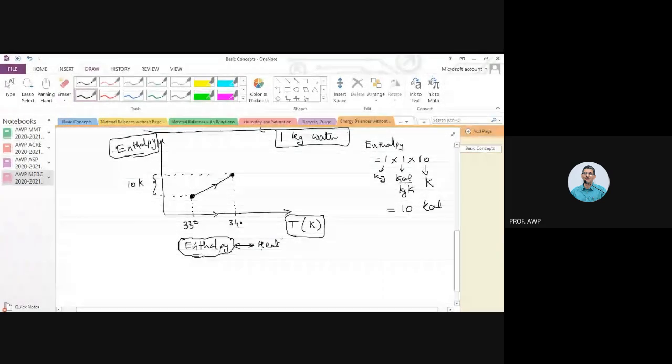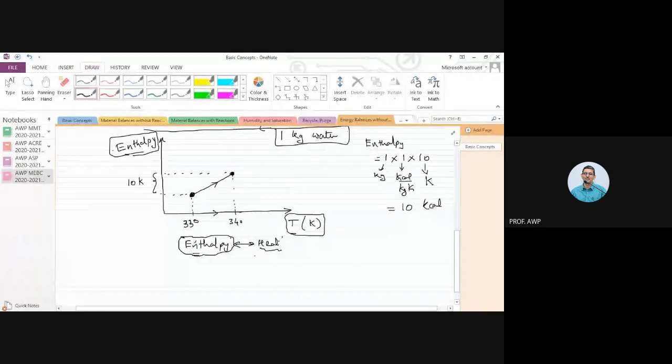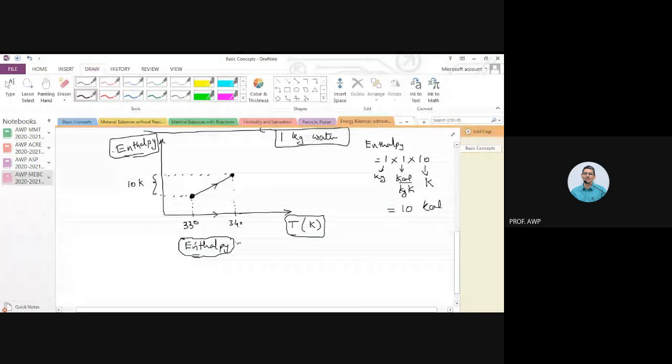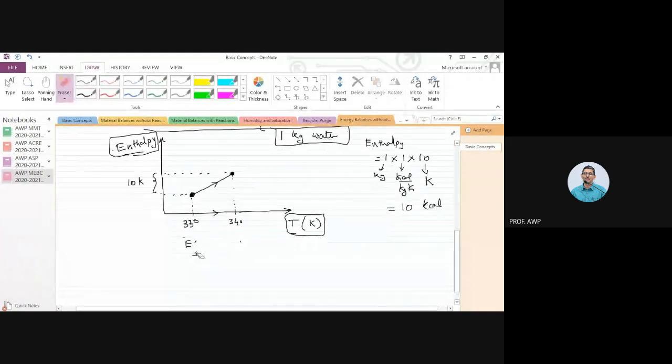Sometimes we use the word heat to say the amount of heat required to change the temperature from 330 Kelvin to 340 Kelvin. What we actually mean is how much enthalpy must be supplied to change the temperature. So enthalpy and heat are one and the same for this course.